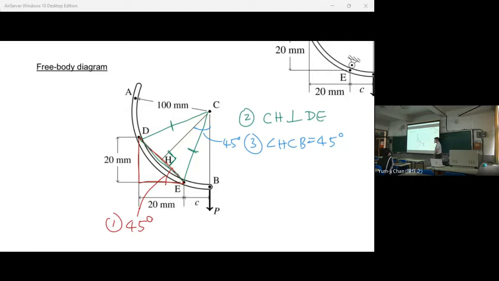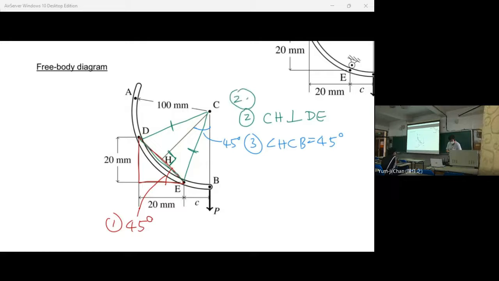Is that the logic here? So the first thing is we have 45 degrees here, and the second thing, I should write step 2A.